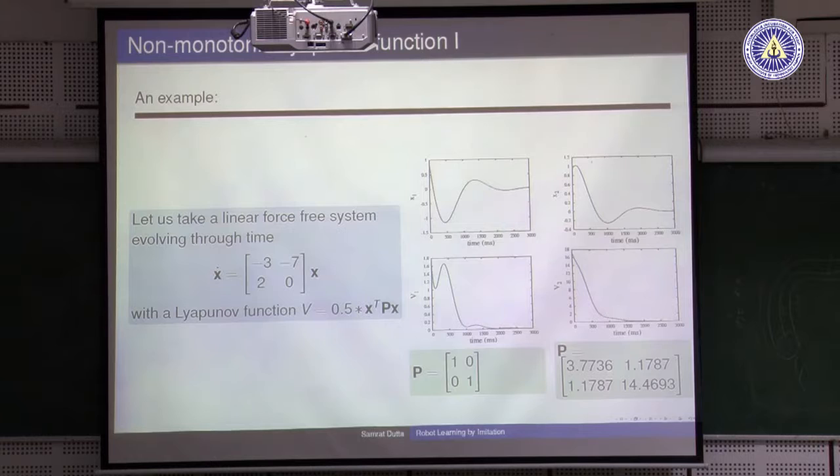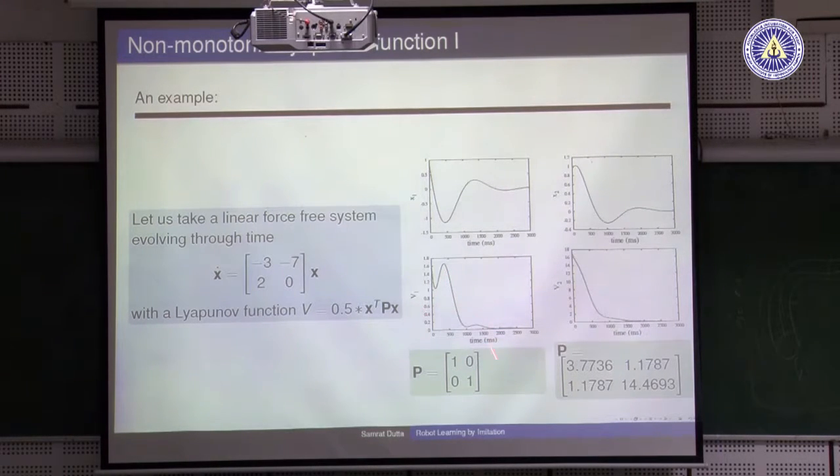Now, we will take one example to analyze the stability of the system, where we make use of a non-monotonic Lyapunov function. Suppose this is your system, x dot equals maybe Ax, right. Here it is negative definite, and you see the plot of the Lyapunov function.